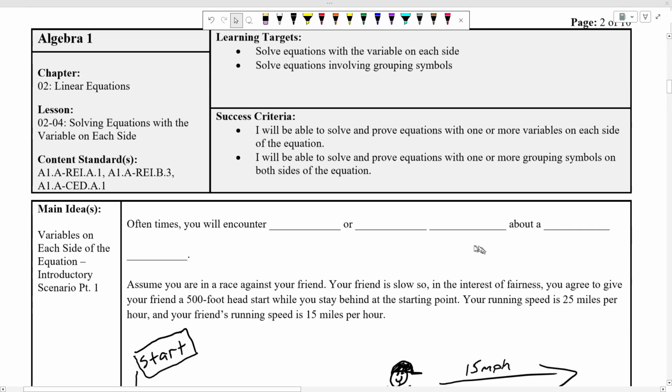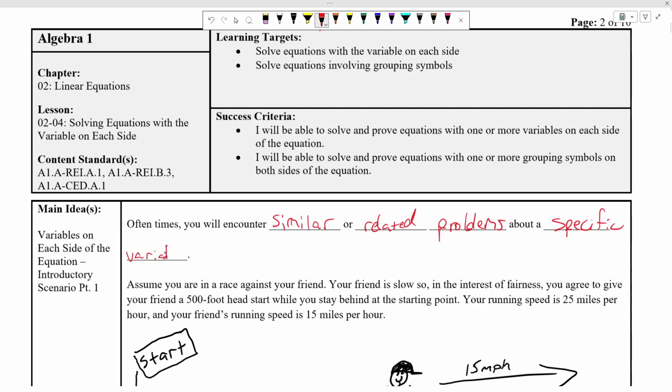So I've set up a little scenario here, but before we get into it, I want to say that oftentimes you will in life encounter similar or related problems about a specific variable in question.